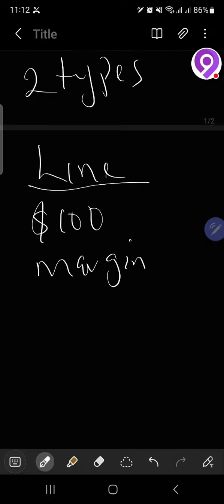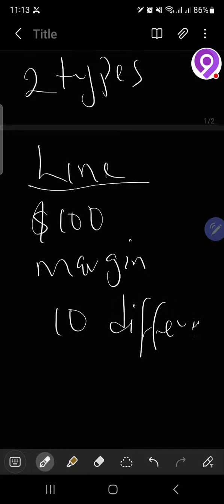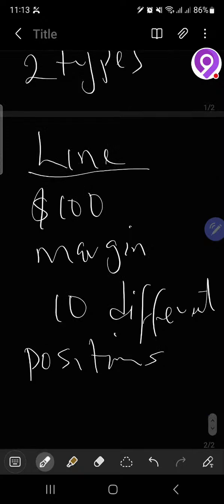Okay? So your plan is to have 10 different positions. That is exactly what you're planning. Now your first position will be $10.